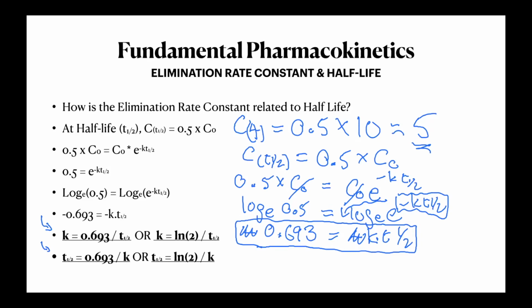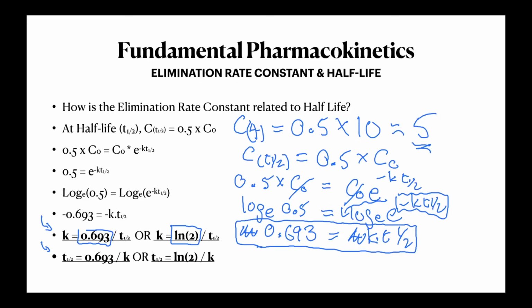This is the key relationship to remember. An easy way to remember is that the 0.693, or the natural log of 2, is always on top. It doesn't change. So what changes position is either your elimination rate constant or your half-life, and they are inversely related.